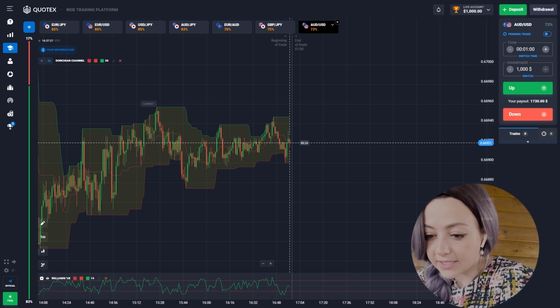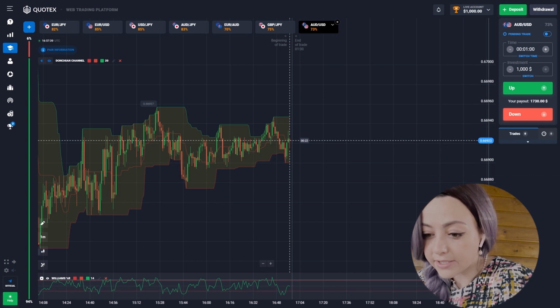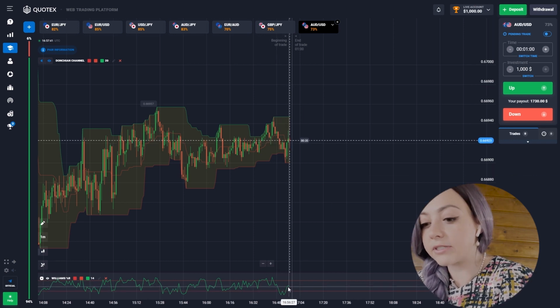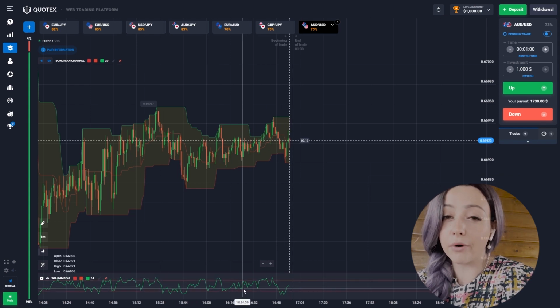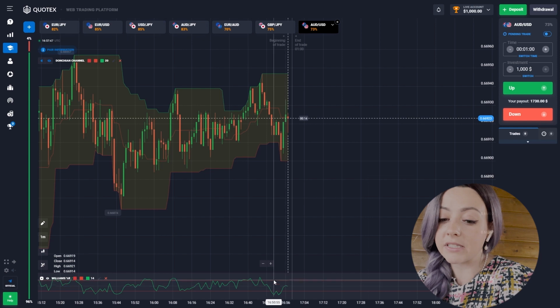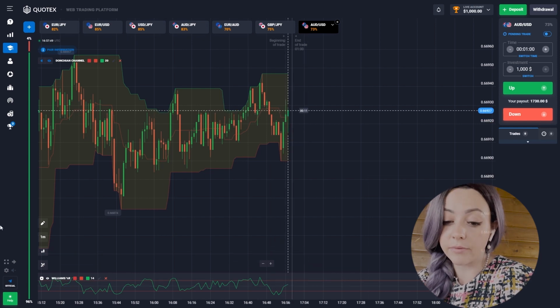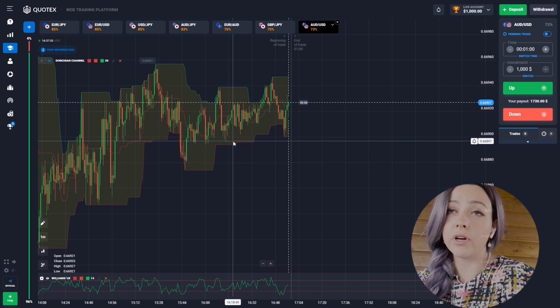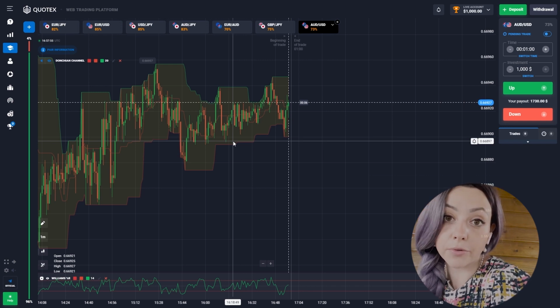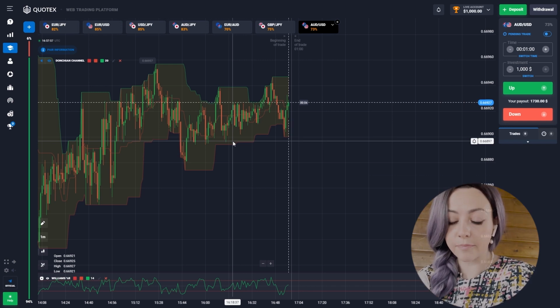Also, we can see this area, -80, -20. It is the area of consolidation, and if we go a little above, it is already the area of overbuying. And it shows us where the trend is going right now at the moment.